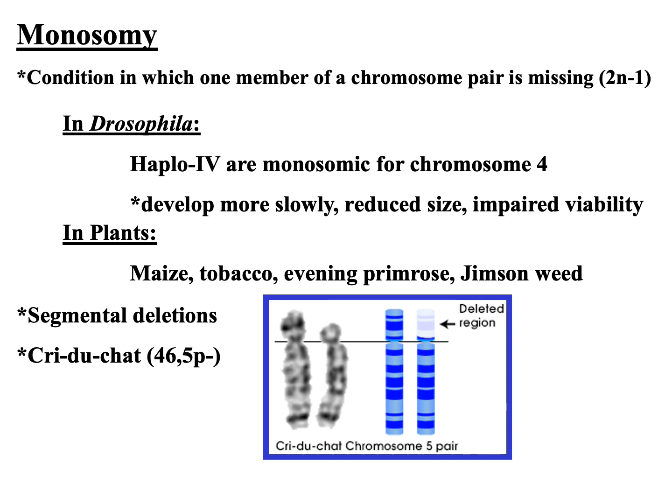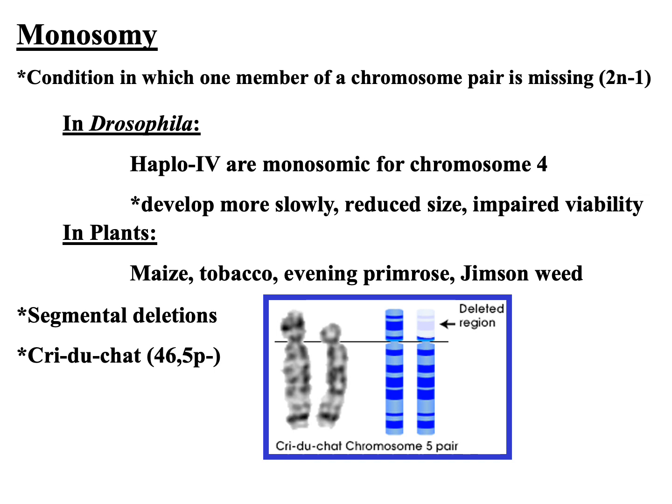The last example that you see here on this slide is not a true example of monosomy, but is an example of what's known as a segmental deletion. Now, in the second part of the lecture, we'll talk about modifications that can occur to individual chromosomes, such as deletions.